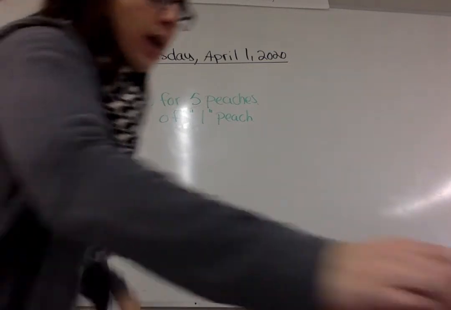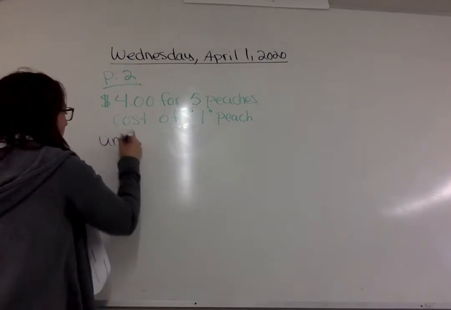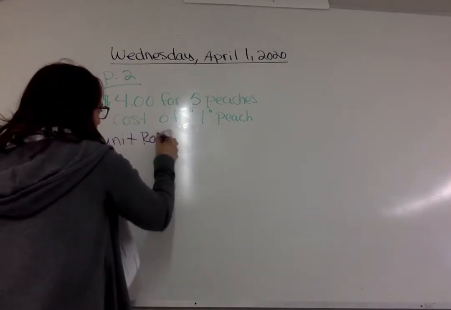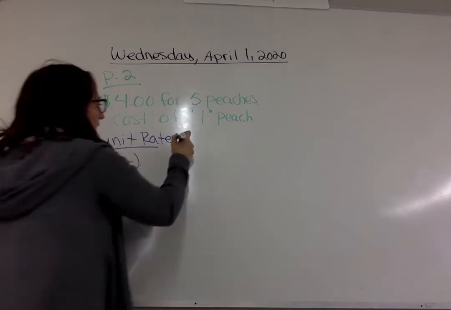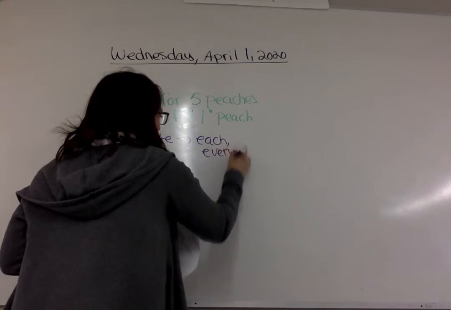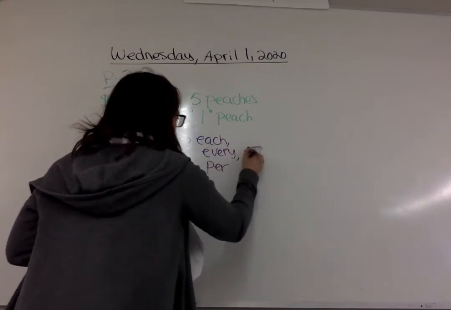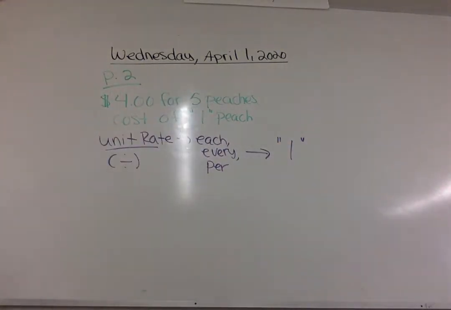I need to know how much is 1 peach going to cost. So unit rate means division, and the key words there are each, every, per, which all means 1, okay, in case we need a little refresher on that.